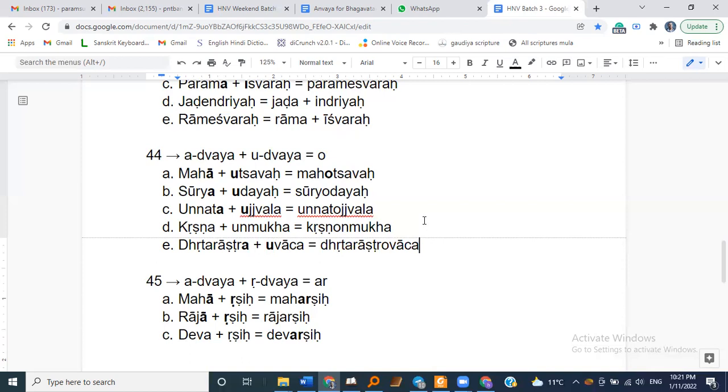You showed an example yesterday, Arjuna Uvacha. So it's Lopa, right? You remove the Visarga. I was thinking these others are nouns with nouns, and that's a noun and a verb.